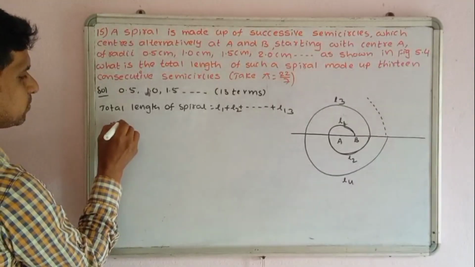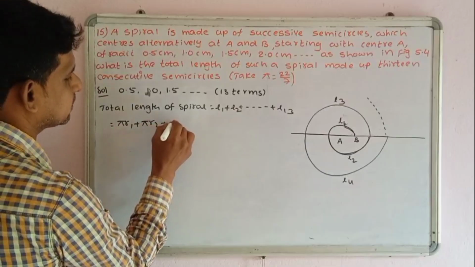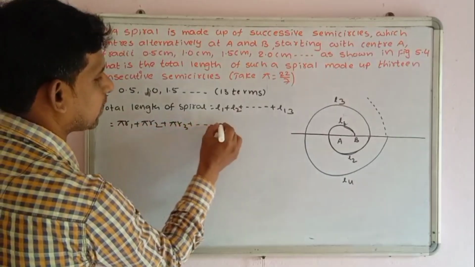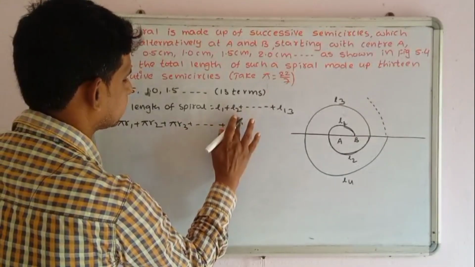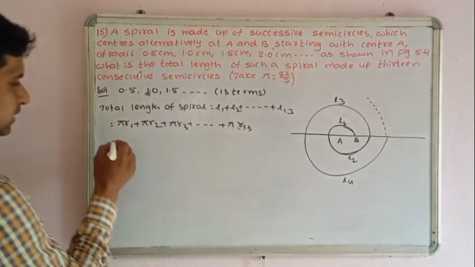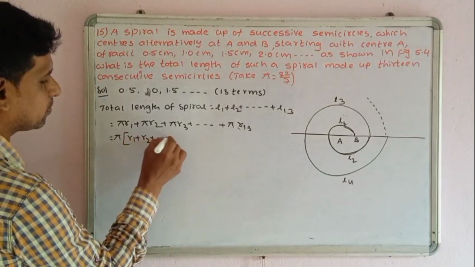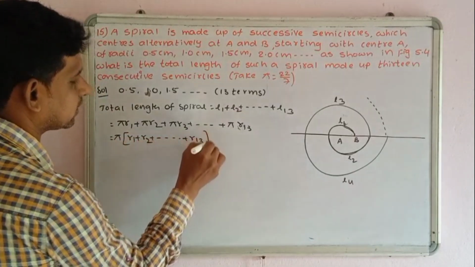Semicircles. So that equals pi R1 plus pi R2 plus pi R3 plus so on up to pi R13. So 13 semicircles are there. Take pi as the common factor: pi times R1 plus R2 plus so on up to R13.